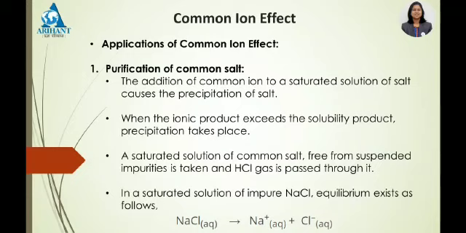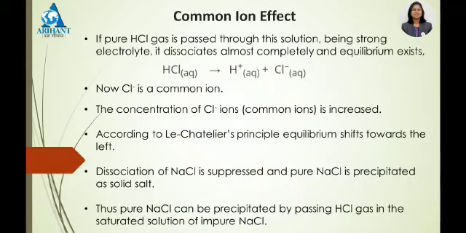So a saturated solution of common salt free from suspended impurities is taken and HCl gas is passed through it. In a saturated solution of impure salt, equilibrium exists as follows: NaCl gives you Na+ ions plus Cl- ions.